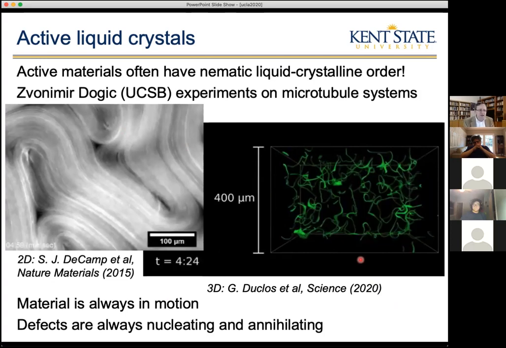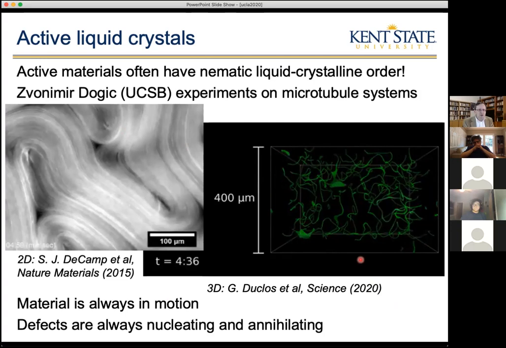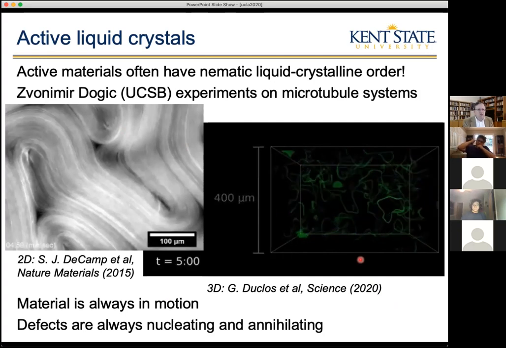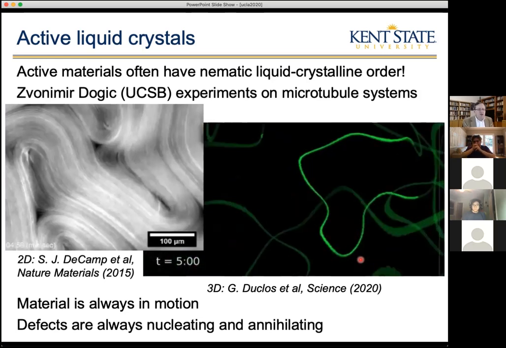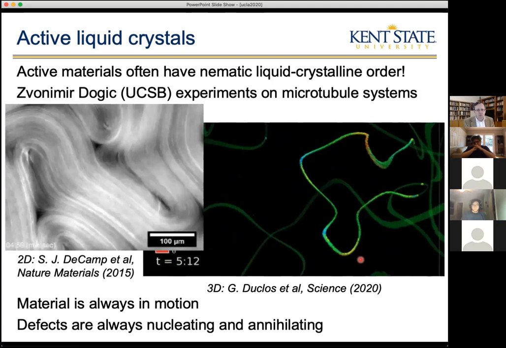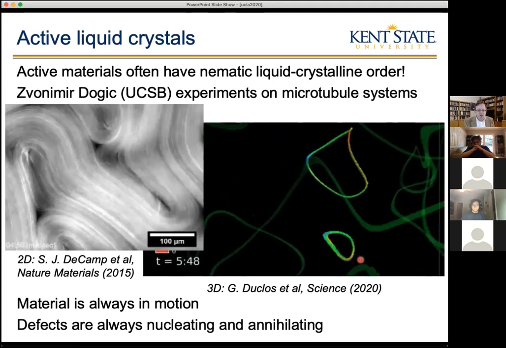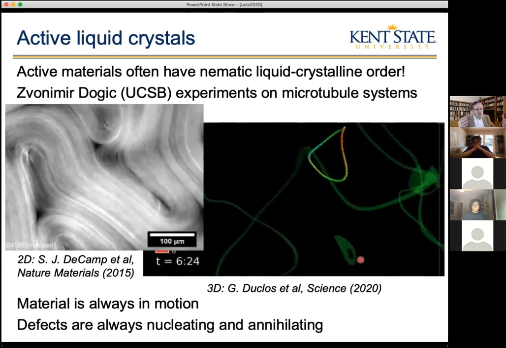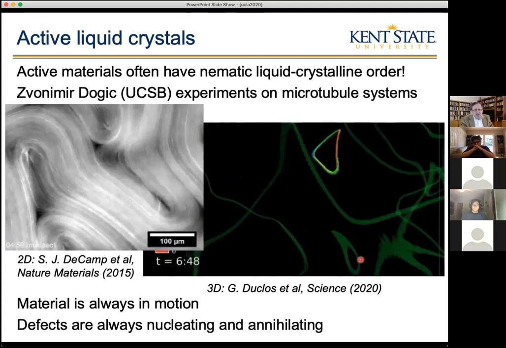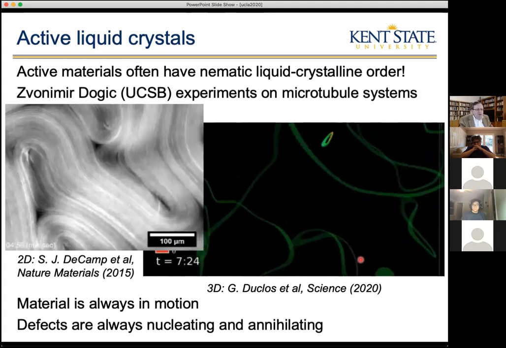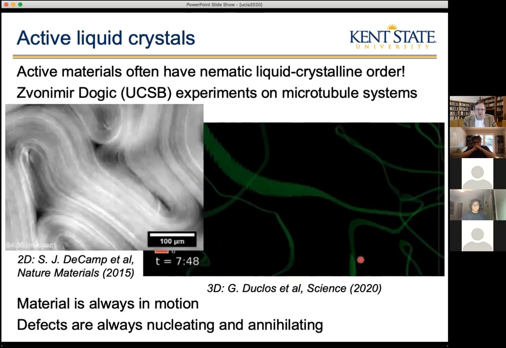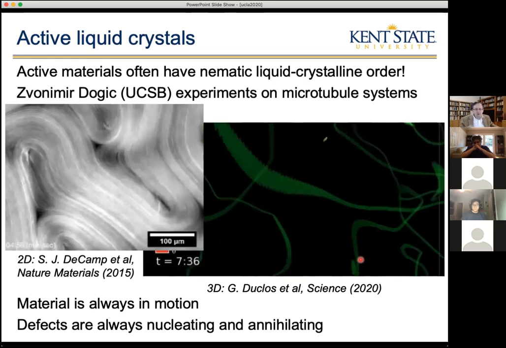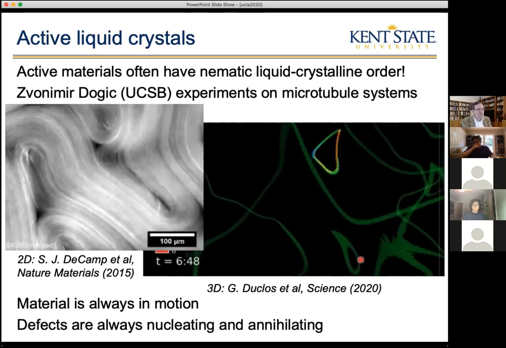They extract the information about the positions of the defect cores and highlight them in green. And so you can see that these systems form a lot of defect loops, and the loops nucleate and annihilate. And so the whole material consists of these loops moving around, coming in and out of existence.